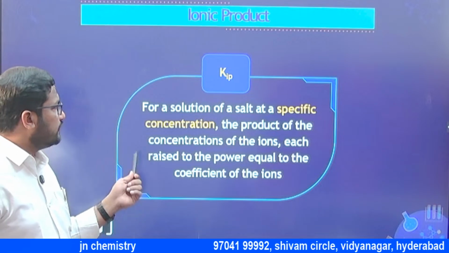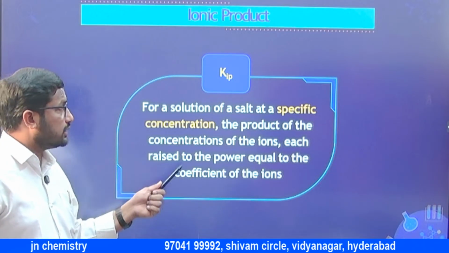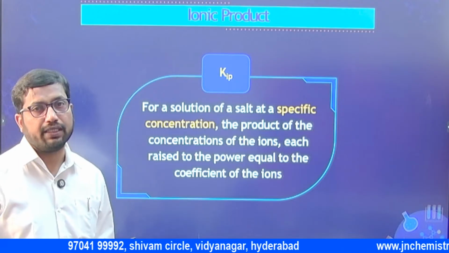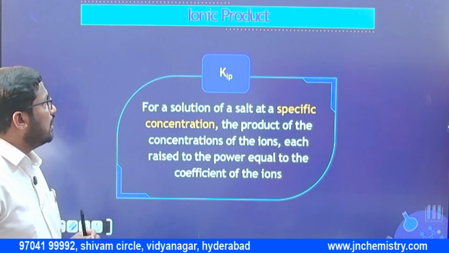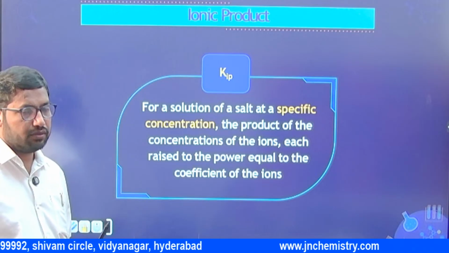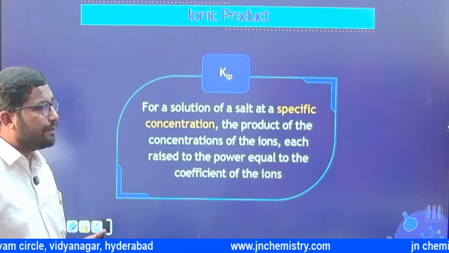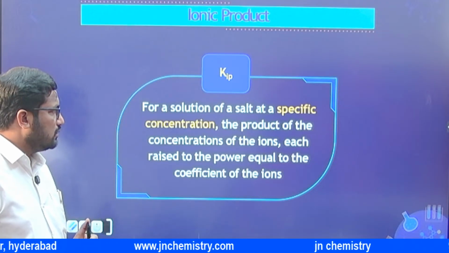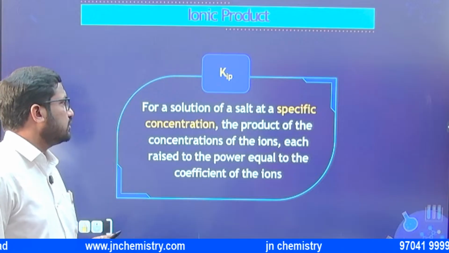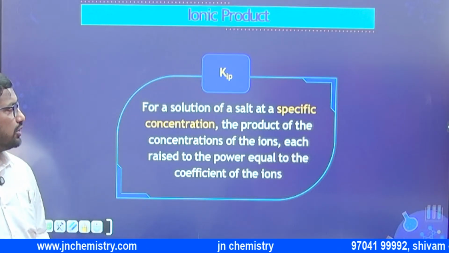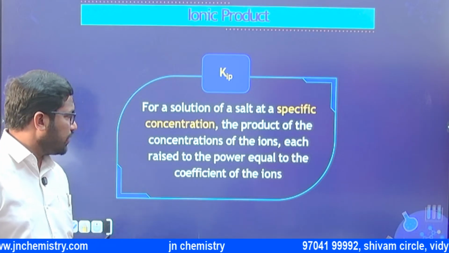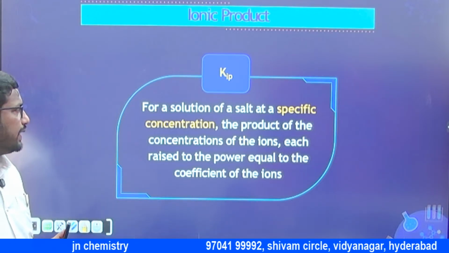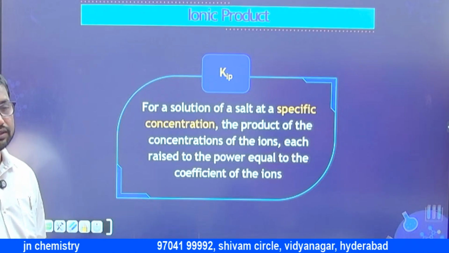For a solution of a salt of specific concentration, the product of the concentrations of the ions, each raised to the power equal to their coefficient in the ion, is the ionic product.